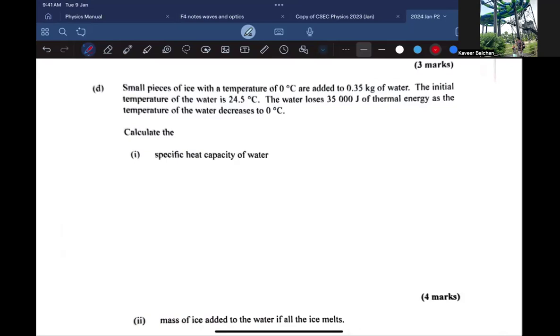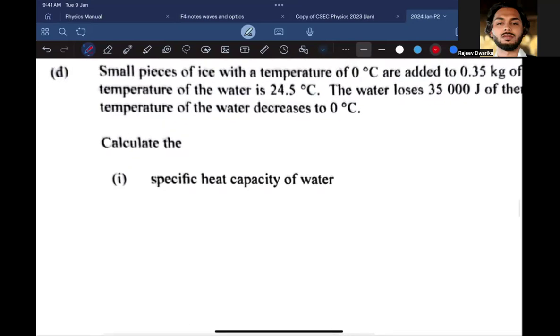The water loses 35,000 joules of thermal energy as its temperature decreases to 0 degrees Celsius. Part 1: calculate the specific heat capacity of water. Okay. When we're dealing with specific heat capacity, is there a change in temperature? Remind me, what's the formula for specific heat capacity?